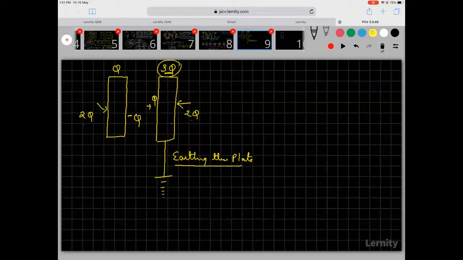If I have a plate here which has a charge q, and a plate here for which the potential is 0, what is going to happen? Because you have earthed it, this plate will pull all the charges from this outer surface to the inner surface. That means all charge plus q will come to the inner surface.